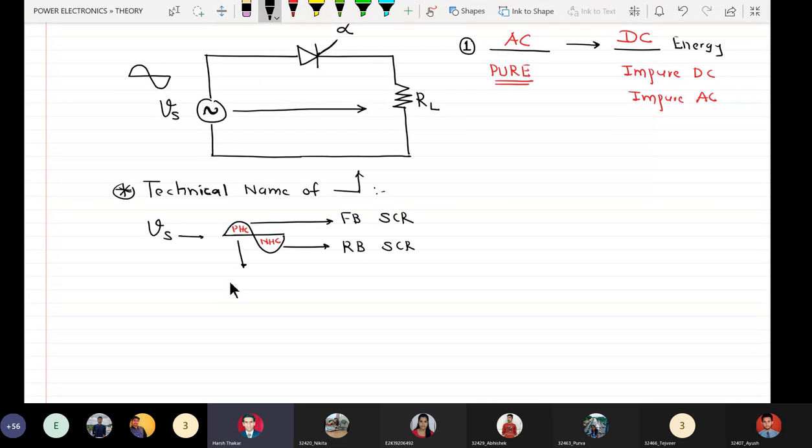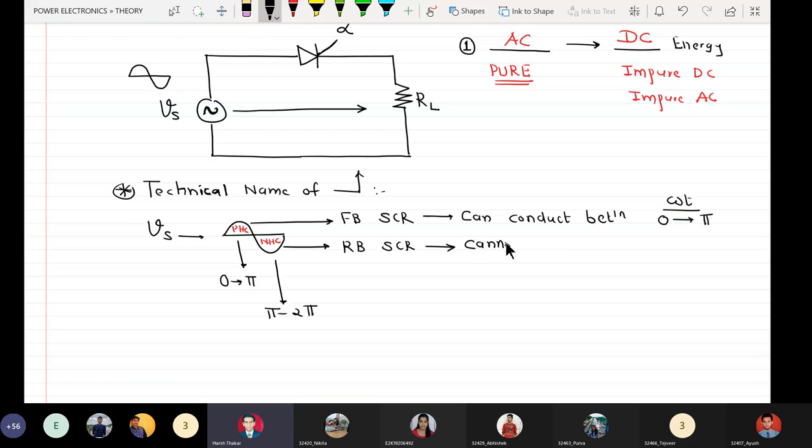The positive half cycle exists from 0 to pi and the negative half cycle exists from pi to 2 pi. So the SCR can conduct between omega t 0 to pi, and because in the negative half cycle it is reverse biased, it cannot conduct between pi to 2 pi.